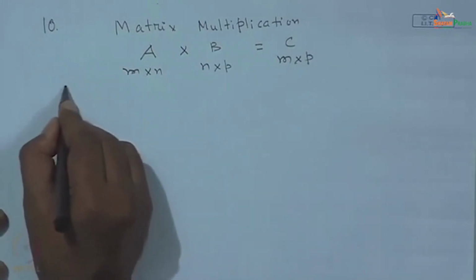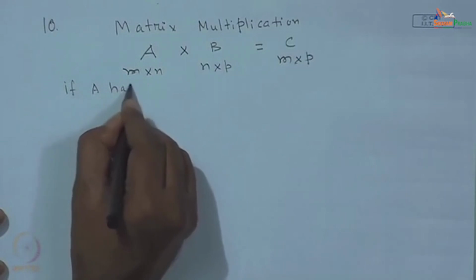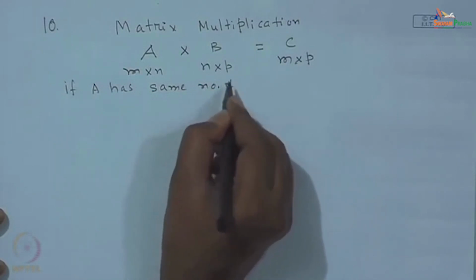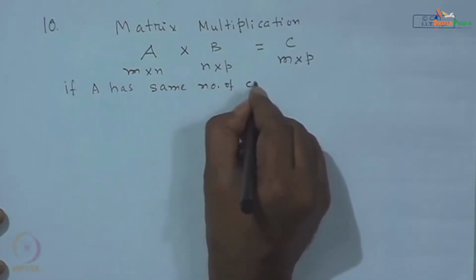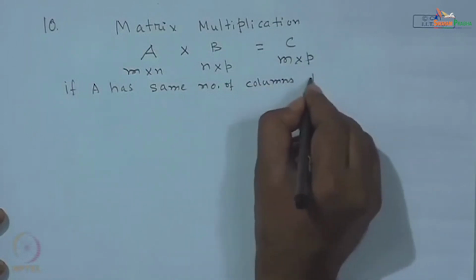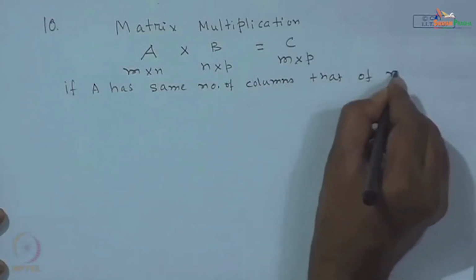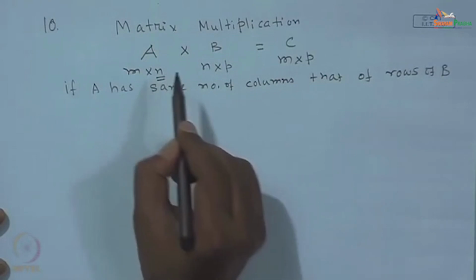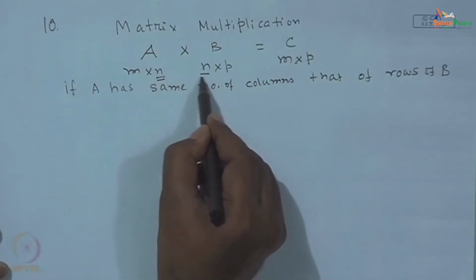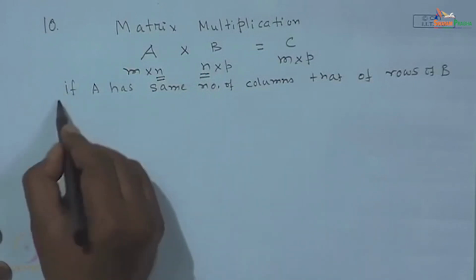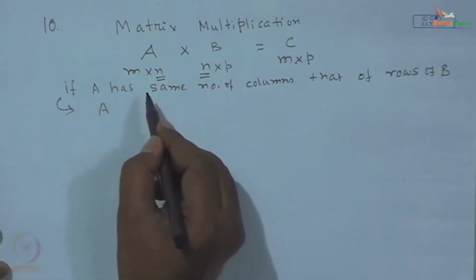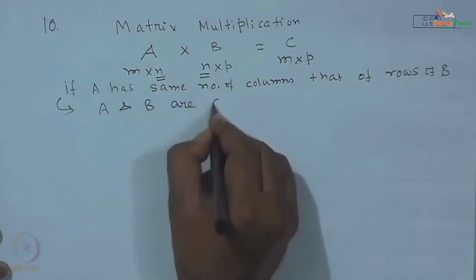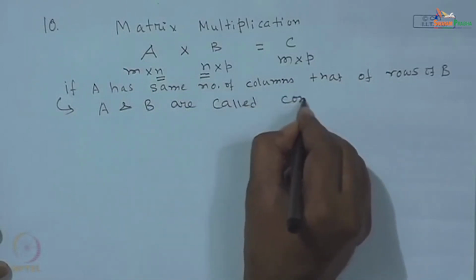That means, if A has the same number of columns as the number of rows of B, then these two matrices are called conformable matrices.